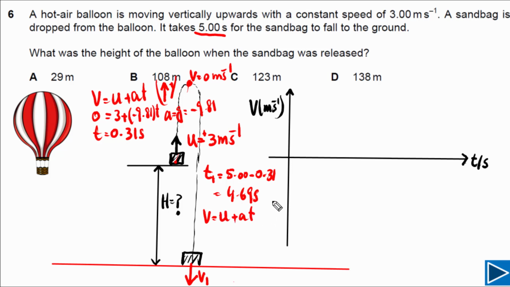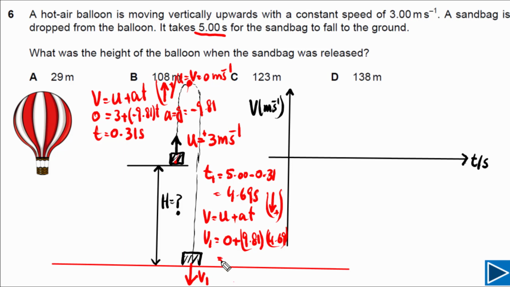In this case we will take downward as positive. So final v1 is what we need to find out. The initial value u is equal to 0, and the value of a is given, that is 9.81, because this is in free fall, and the time taken we have, that is 4.69 seconds.